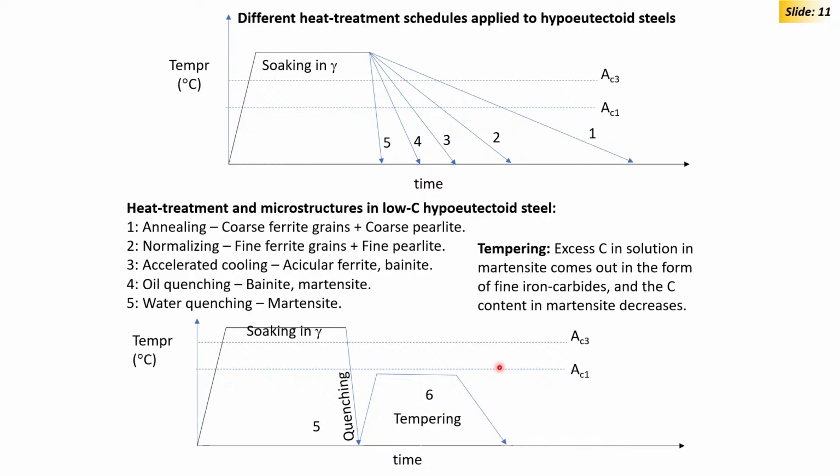Now, if you cool a steel at different rates, we know different phases form. Very slow cooling, we get proeutectoid ferrite with cementite, together they may form the eutectoid phase pearlite. Relatively faster cooling or isothermal holding, we get bainite.